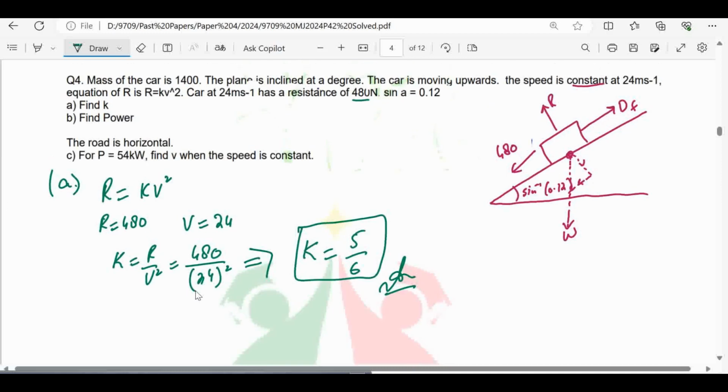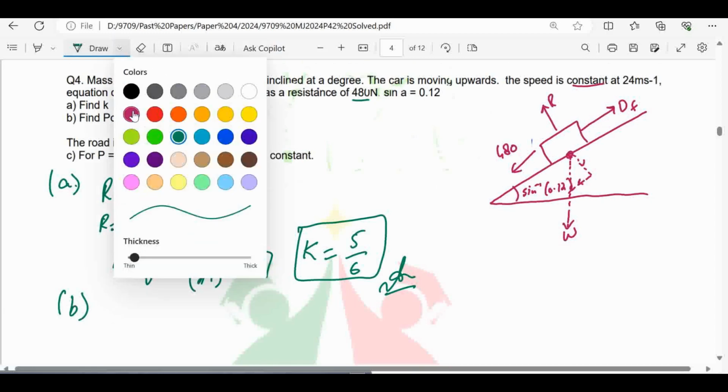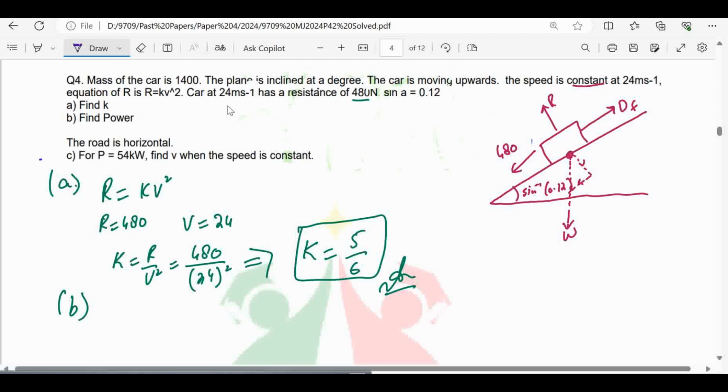Let's move to the second one, find the power. We have to find out the power. So for power we have to use this diagram. How can we use the diagram? We can say that we have to use F is equal to MA, forward forces minus backward forces. So from here, let's see the forward forces. This will be driving force minus resistive force minus the component of the weight.